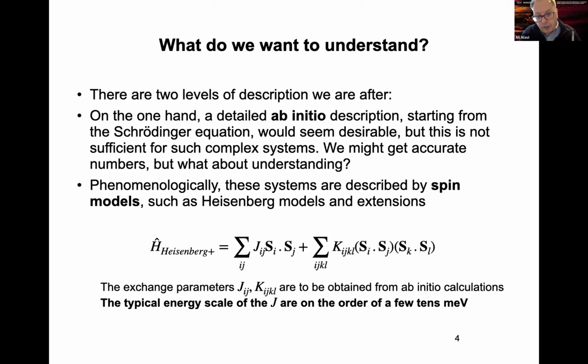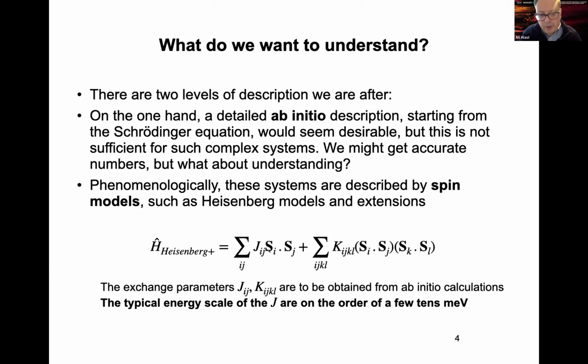So the other thing that we want to be able to do is to relate how the ab initio description can be reproduced, or modeled, in terms of much simpler phenomenological models, such as spin models. For example, the Heisenberg model, which is appropriate for these types of systems, and extensions of the Heisenberg model which go beyond Si.Sj type of couplings.